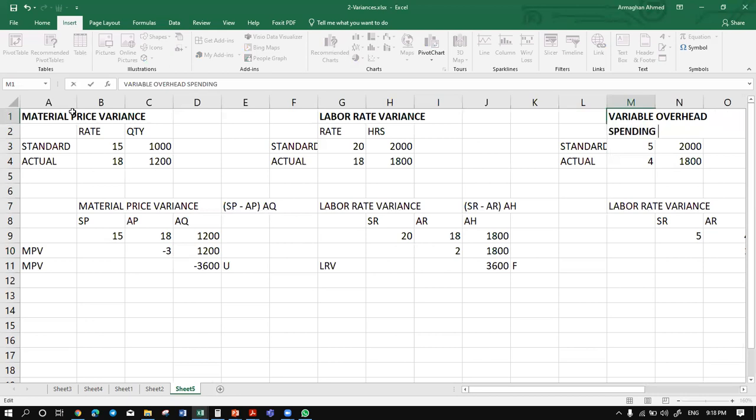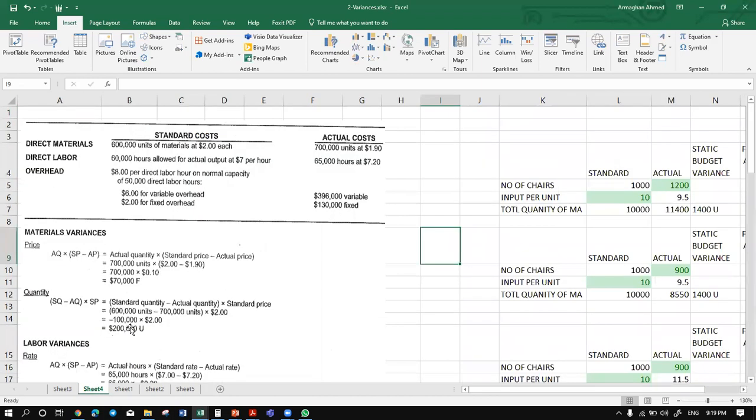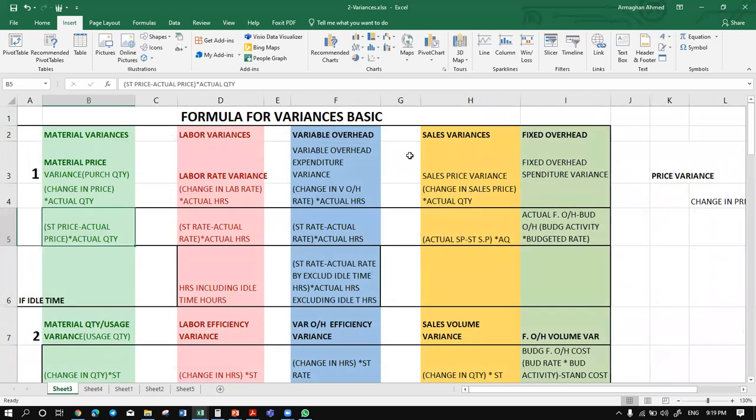So remember this point, there's a little change. Labor rate variance we call it that, but variable overhead we call expenditure or spending variance, right? So again, I'm coming back here. This is the formula I told you. Variable overhead we call expenditure variance, or spending variance. So this is the same.